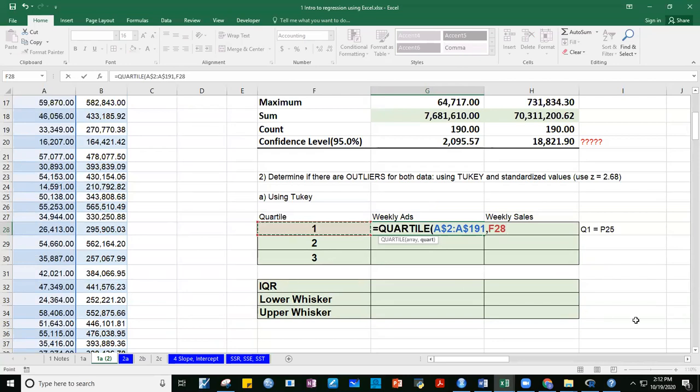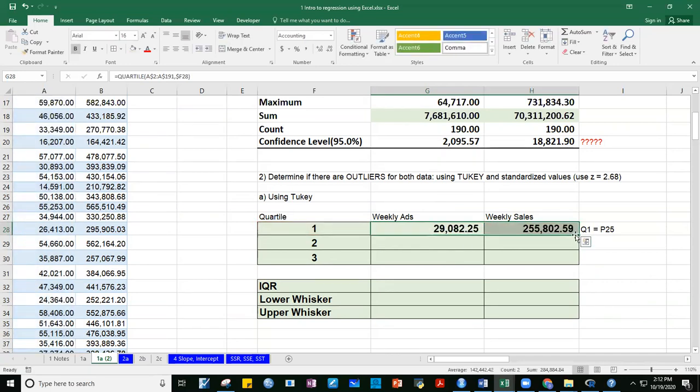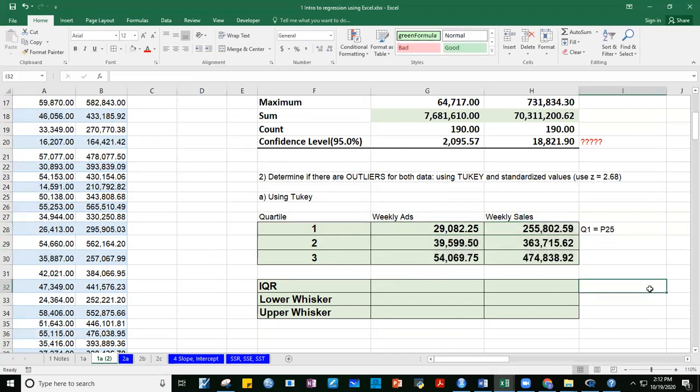There. Tapos dapat naka-fix yung column. Okay? With this, guys, pag ganito yung formula natin, Control Enter, and then you can copy there. Okay, so that's the first quartile.